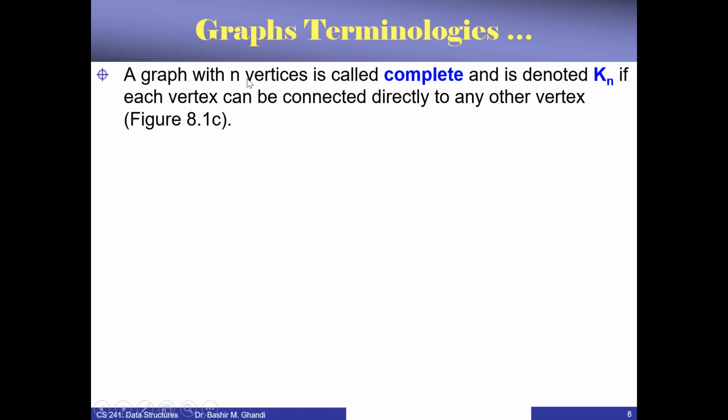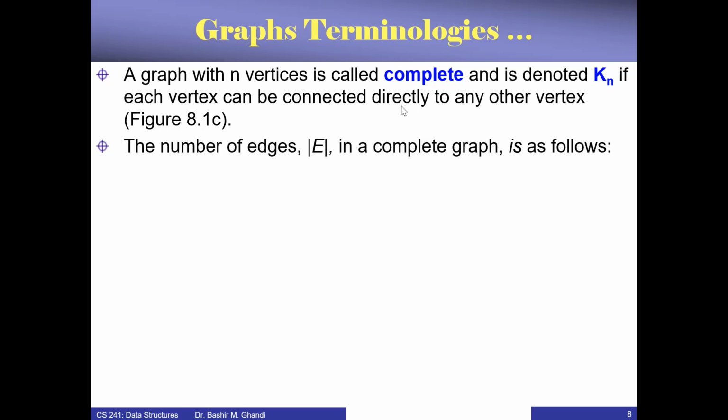So a graph of n vertices is said to be complete, and it is normally denoted as Kn, if each vertex can be connected directly to any other vertex. So there is a direct connection from any vertex to every other vertex. You don't have to pass through another vertex to reach that particular vertex.